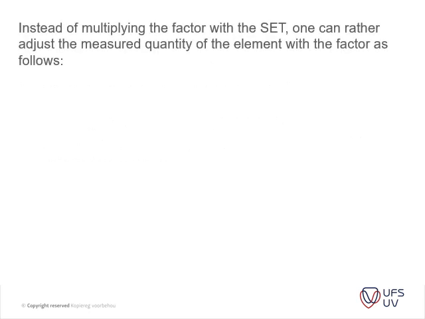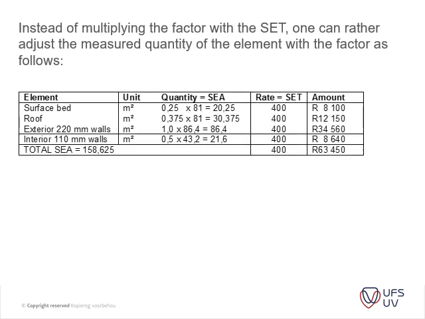Thus, instead of multiplying the factor with the set, one can rather adjust the measured quantity of the element with the factor as follows. So it's the same table again. So we've got our areas that we've worked out in our first example, and we've got our factors.